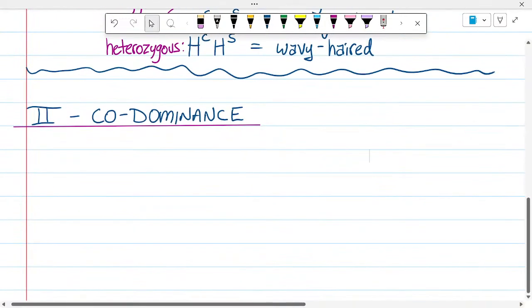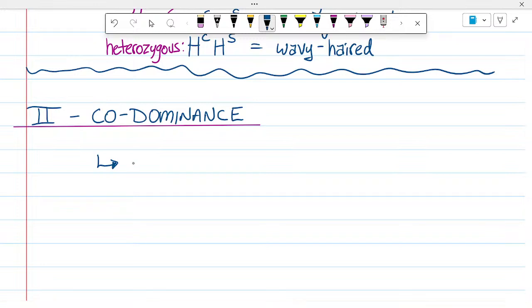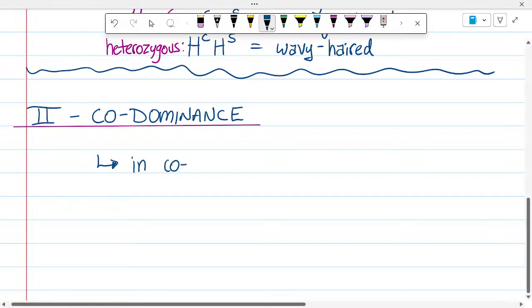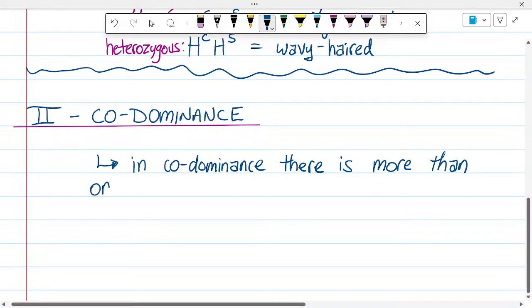Okay. In codominance, there's more than one dominant allele. It's not that no allele is dominant. It's that there's more than one dominant allele. And we'll make a note, there may also be some recessive alleles.